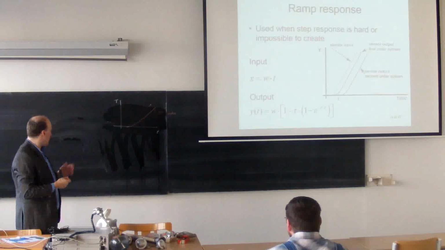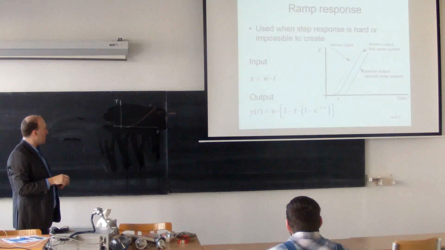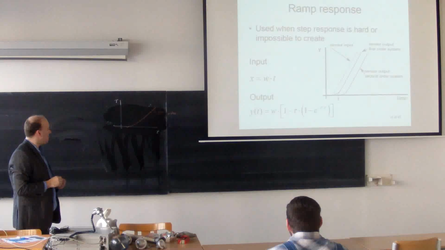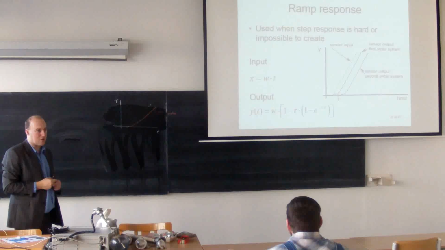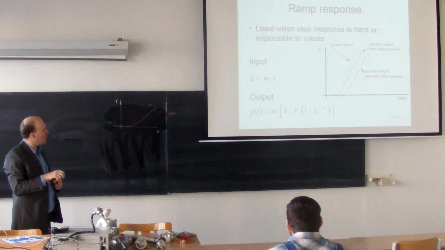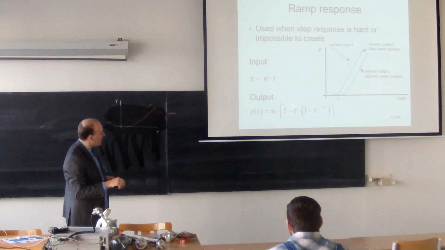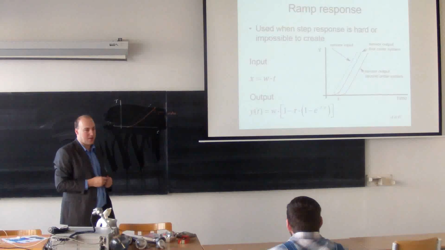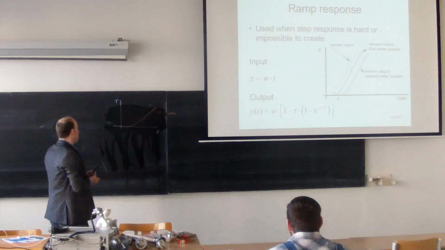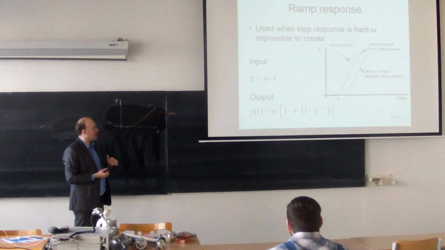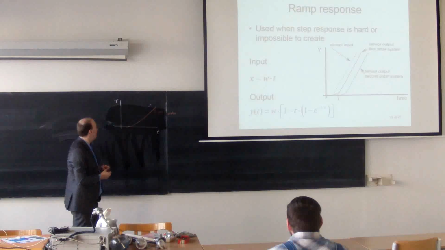Now if you describe this mathematically, you can see that the input is time, and this W is a constant describing the slope of the input value, and the output, you see again, is an exponential function. So we can simply analyze what is the time constant of this system.